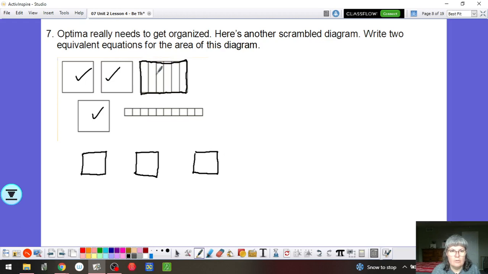So we have a total of 6. That means 2 per square. And then those get split in half for 1 per side, 1 per dimension. So we have x plus 1, x plus 1 for a total of 2 of them.